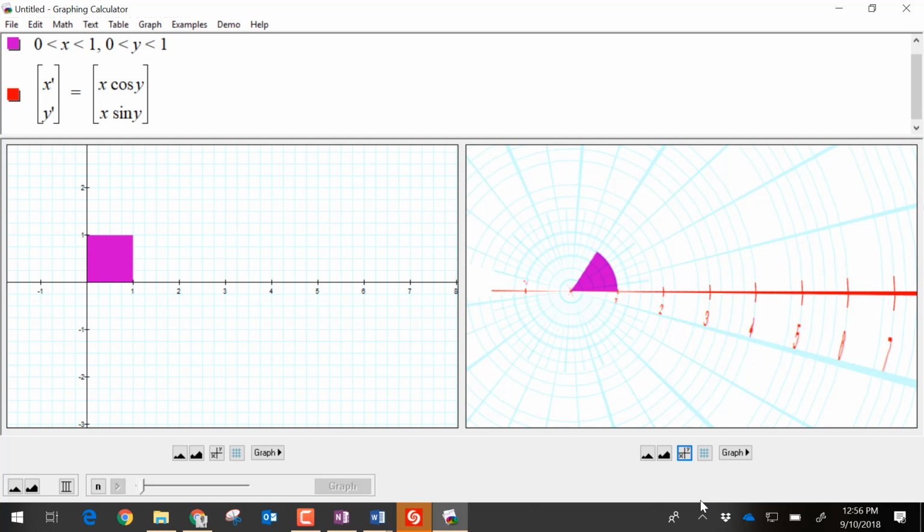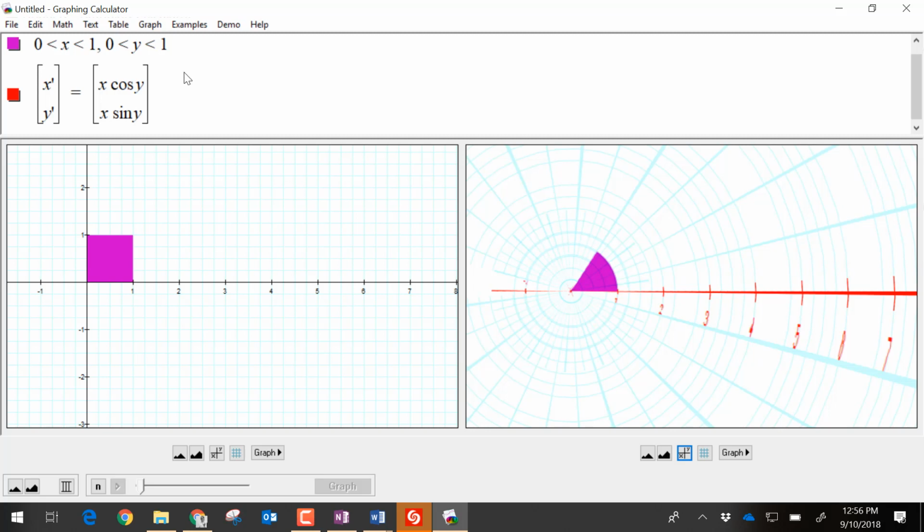I also left the grid on the left-hand side so you can see what happens to the grid as it goes on the right-hand side. So this is where you take your graph paper full of squares, and when it translates into polar coordinates, the graph paper becomes circles with radial distances.